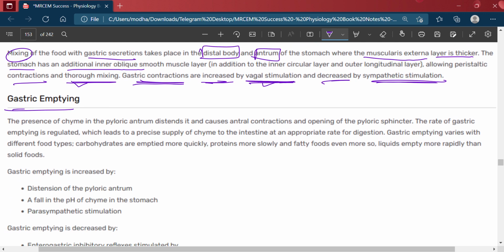Then gastric emptying. The presence of chyme in the pyloric antrum distends it and causes antral contraction and opening of the pyloric sphincter.